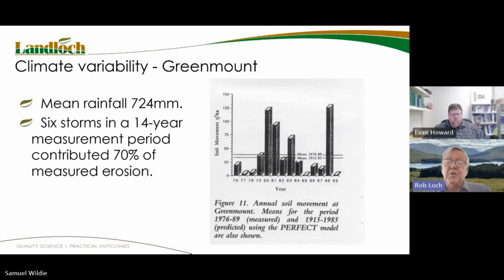And you can see enormous variation from year to year. In fact, throughout that particular period of 14 years, there were only 6 storms that contributed 70% of the measured erosion. So bearing in mind the dominance of large storms on erosion amount, you start to see why we get enormous variation from year to year.